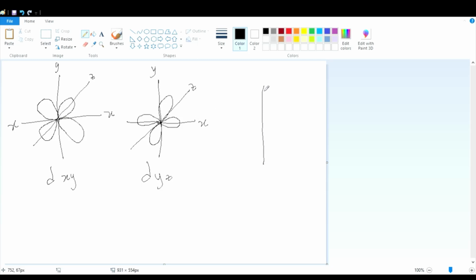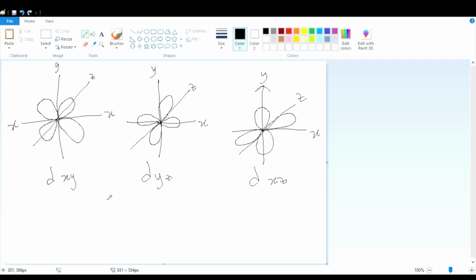And then we have to draw the third one, y, z, x, dxz. So where is between z and x? This one, right? So you draw one loop and another one at the back, and you draw another loop on y.